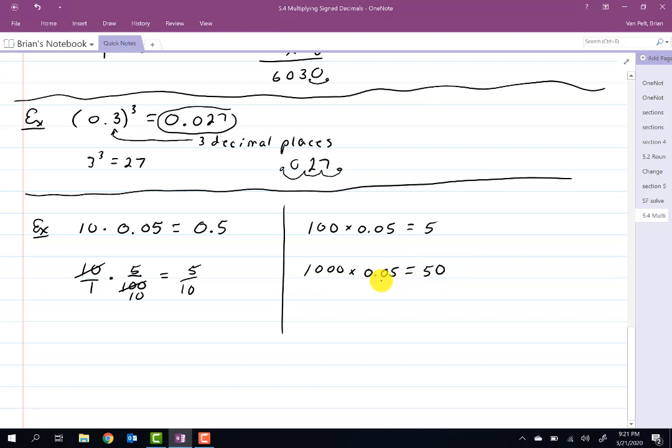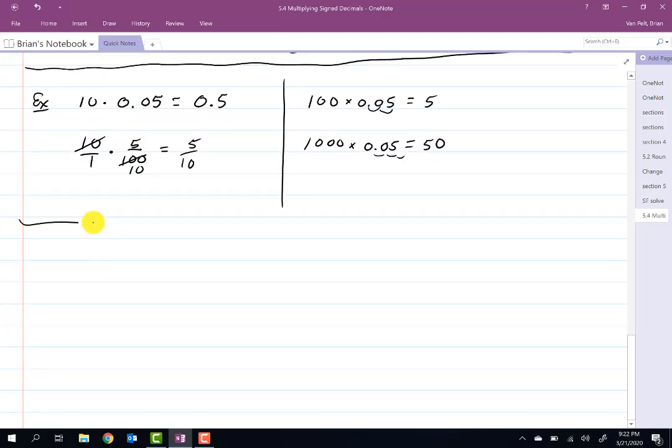So you get the idea. Multiplying by 1,000, why is it 3 places? Well, there's 3 zeros. Why is it 2 places? There's 2 zeros. Why is there 1 place? 1 zero. So we're going to use that to help us with the next problem.